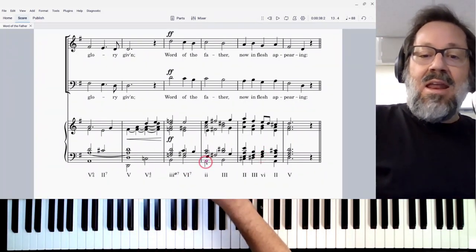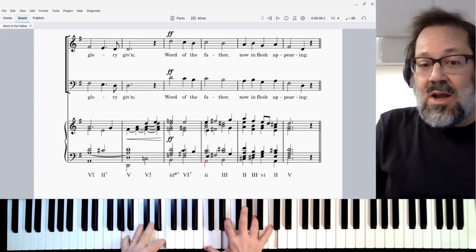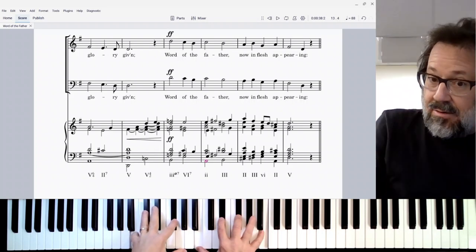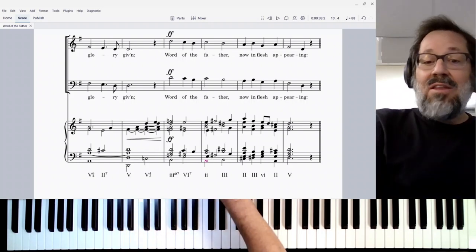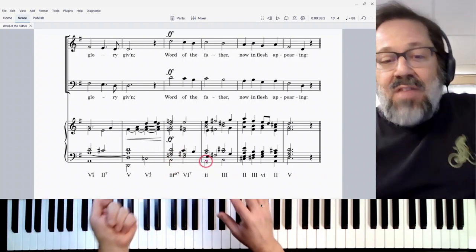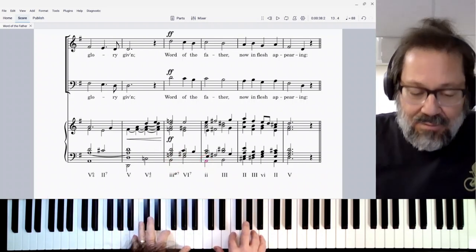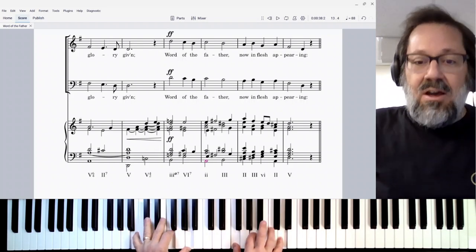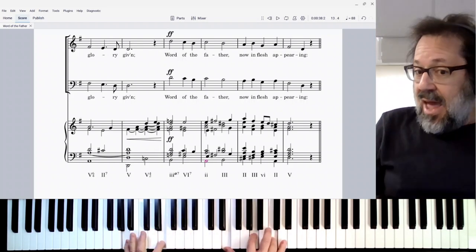And then, now that we've established we're going to have this A minor chord to start the proceedings there, he's like, well, let's give you a tonicization of that A minor chord also. So we have a tonicization of the A minor chord.